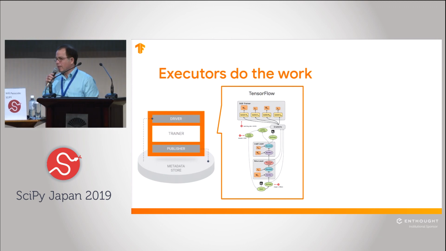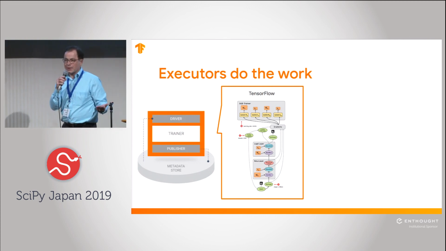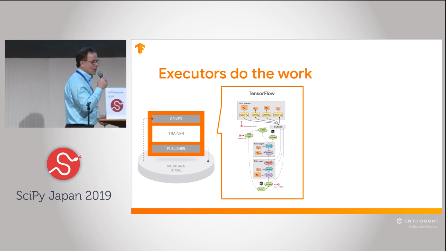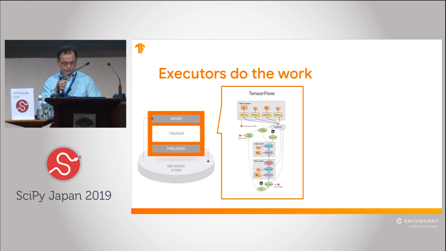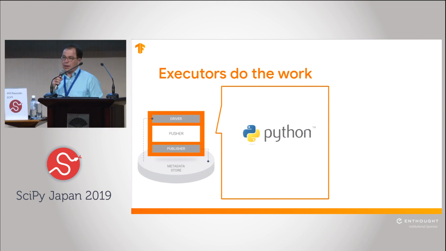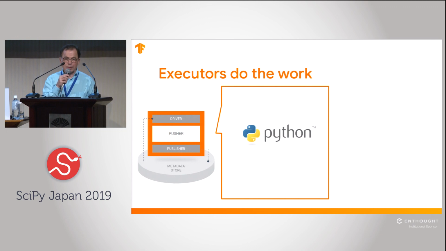And that's the trainer component. And it does what you typically think of when you think of machine learning. It trains a model. So that's what the trainer component does, and it's just TensorFlow. Other components really only need Python. So when you're pushing a model from production into a production target, really Python is enough.